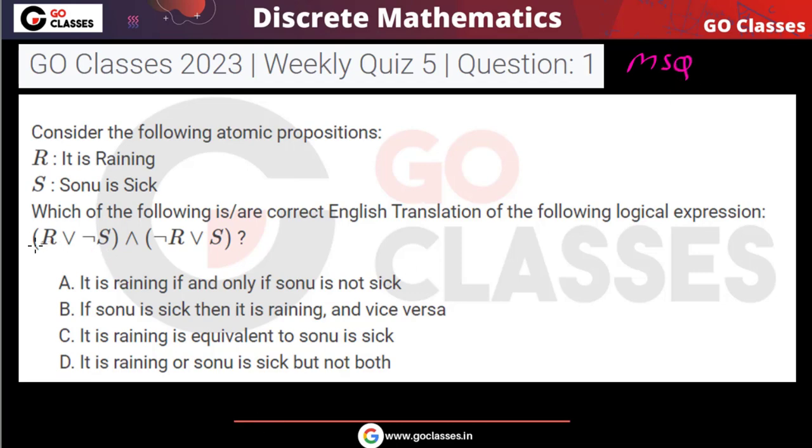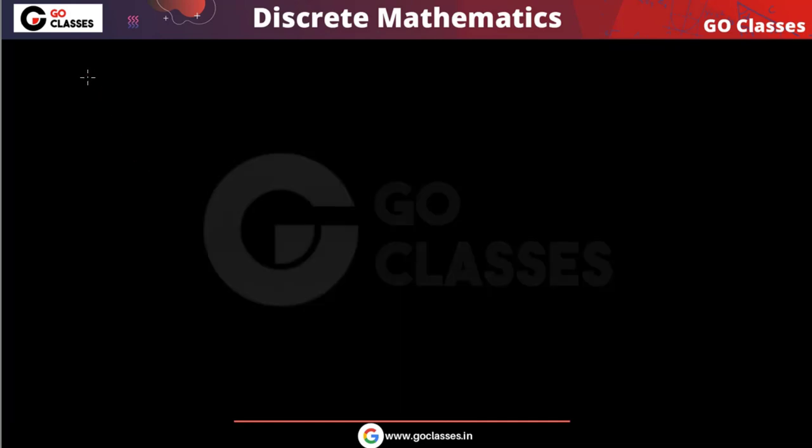So let's see. First, let's look at this expression. What is this expression? So this is a standard expression, (R or S) and (R negation or S negation). First we simplify and check what this expression is. We can simplify this using the rules of propositional logic.